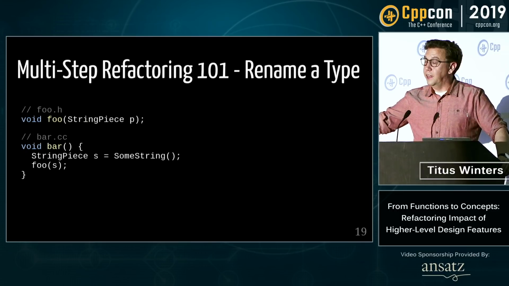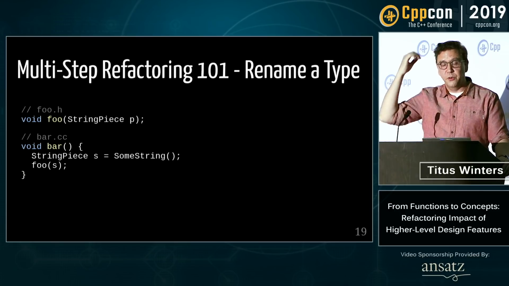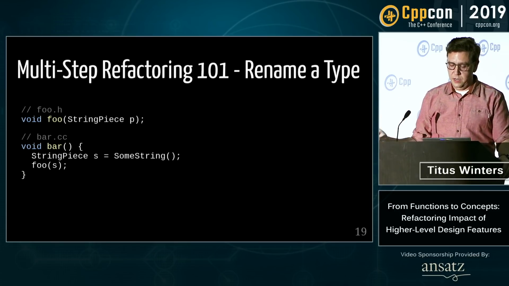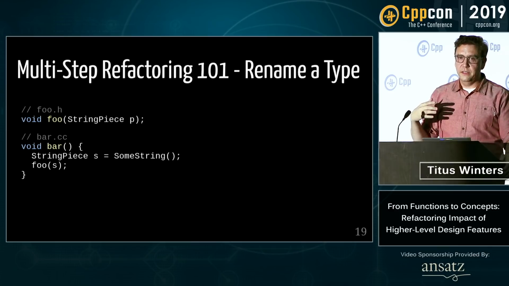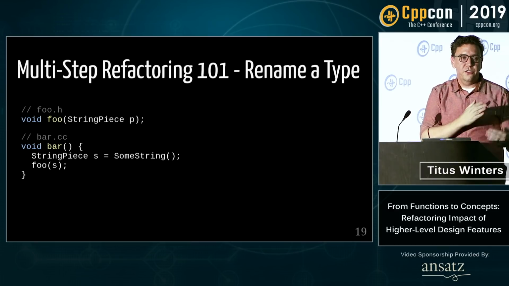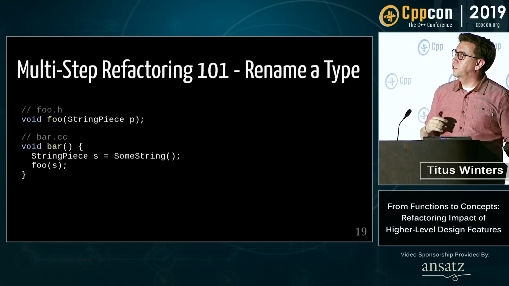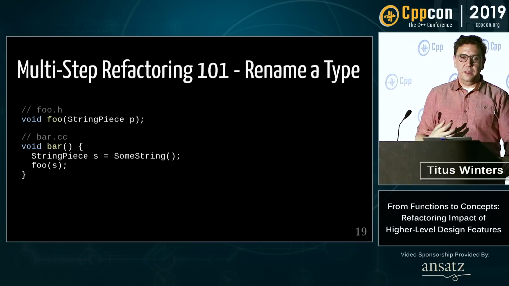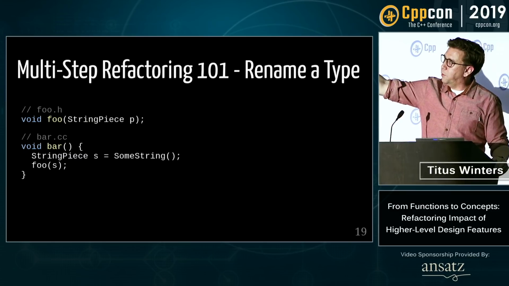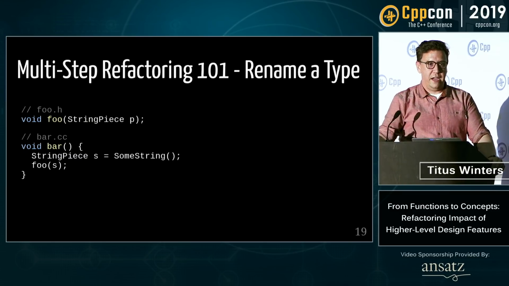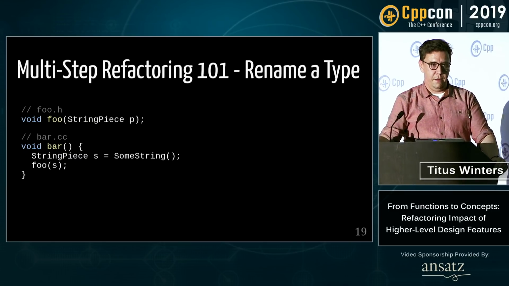For instance, I said before, a multi-step refactoring is going to be much smoother, much easier, if you can do it in such a way that when you're updating callers, you don't have dependencies in which of them gets updated first, right? So I don't want it to be the case that foo.h and bar.cc have to be refactored to use the new type at the same time, right?